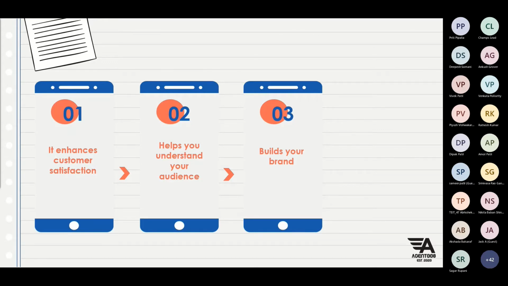So the third reason why you need to focus on the user interface is that it will help you build your own brand, especially if you have your own community or your own organization. When you start to customize your user interface for any application or anything that you are building, it will help you show people that these applications or products are coming from XYZ organization or product line.